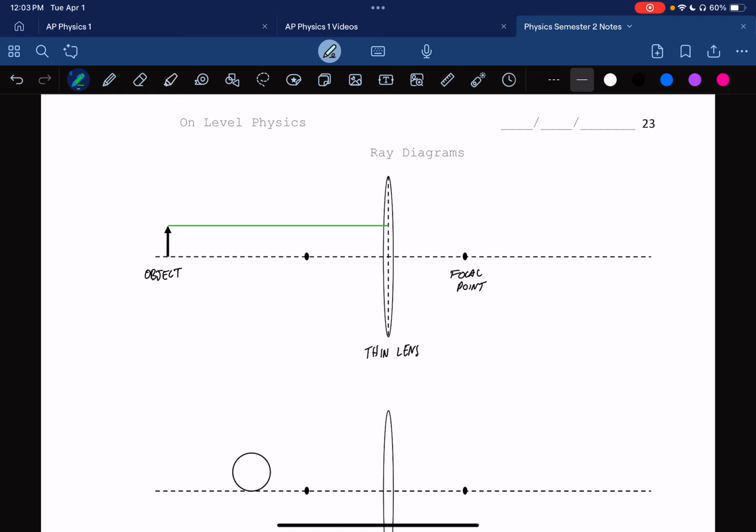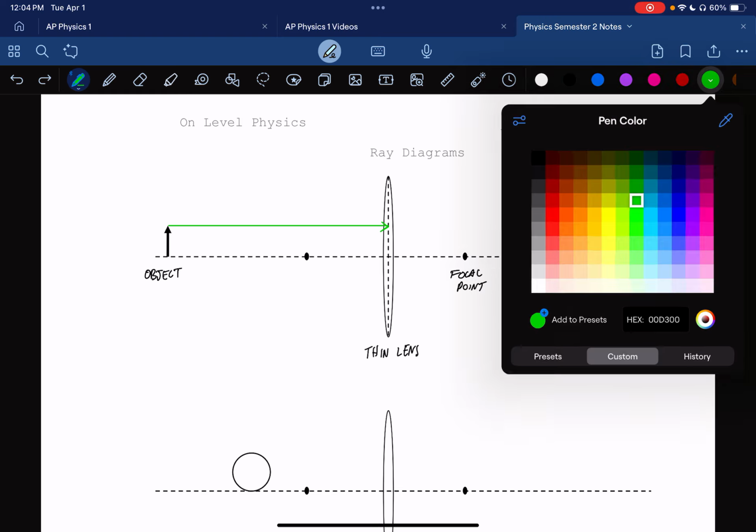Draw a ray of light that goes straight to the lens, parallel with the dotted line. If you're using a ruler, make sure that it's straight. In other words, you don't want a line that goes like this. That's not parallel. That is parallel with that dotted line.